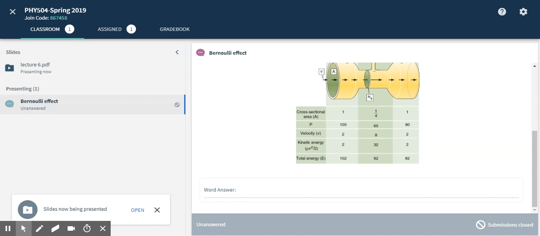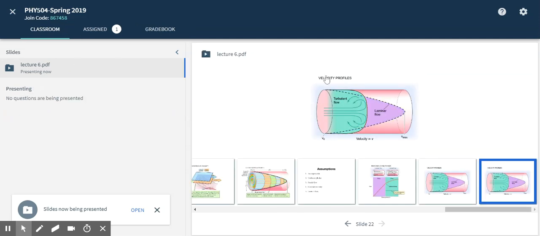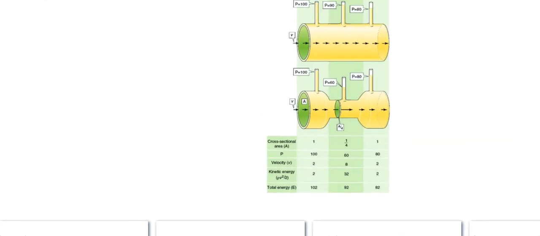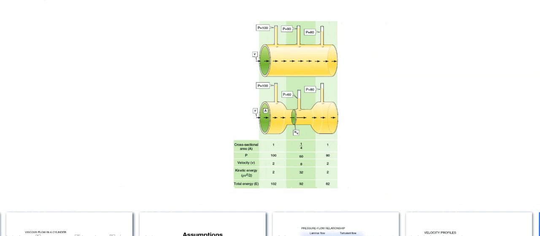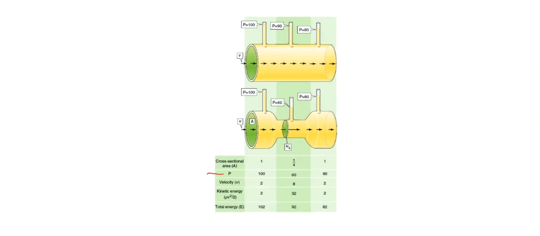Change, kinetic. Very good. The velocity is changing. The biggest difference that we have here is that you are changing the pressure, going from high to low to kind of in between. But what else is changing?